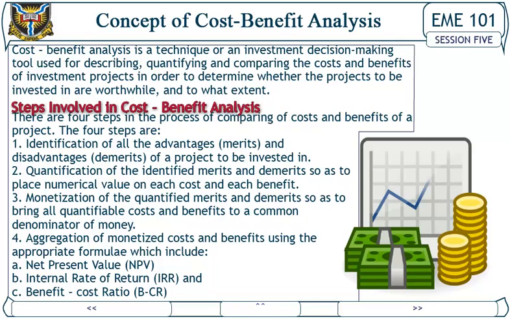Monetization of the quantified merits and demerits, so as to bring all quantifiable costs and benefits to a common denominator of money. Aggregation of monetized costs and benefits using the appropriate formula, which include net present value (NPV), internal rate of return (IRR), and benefits cost ratio (BCR).